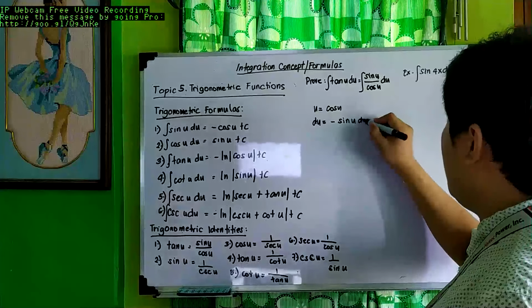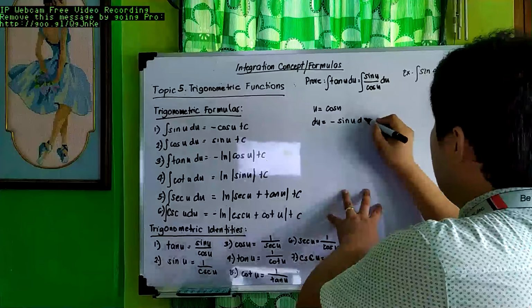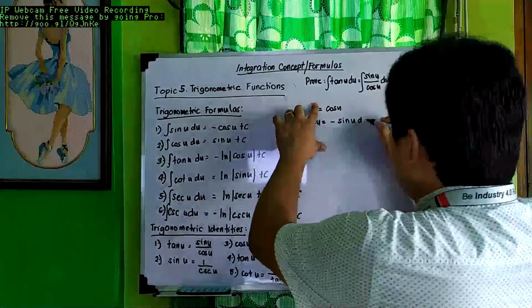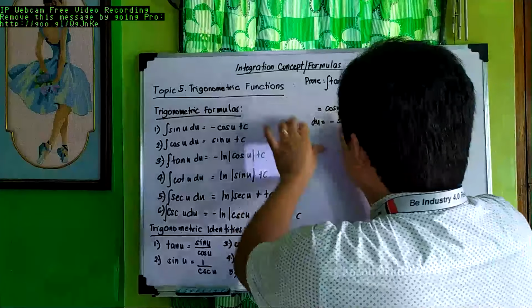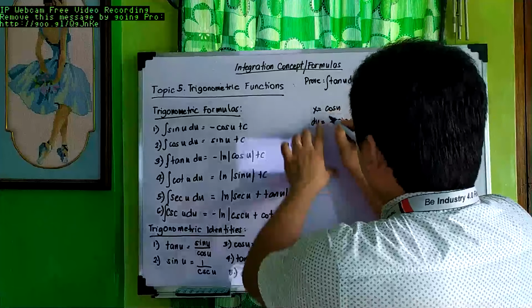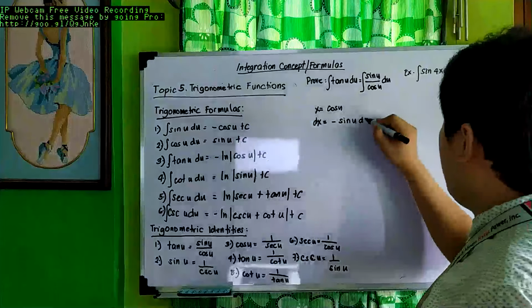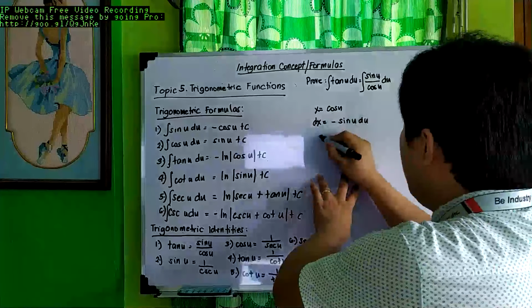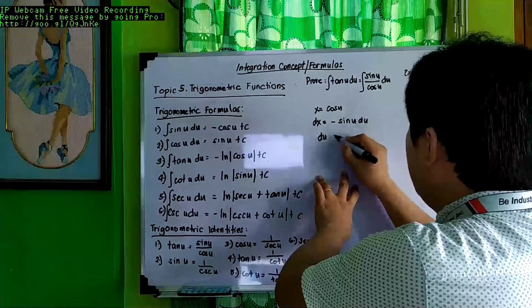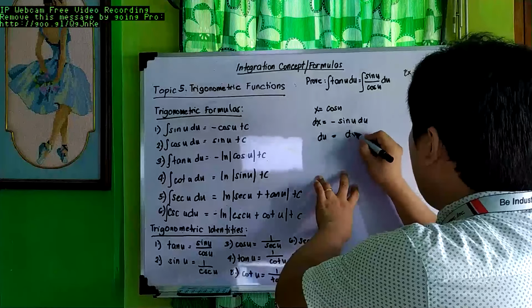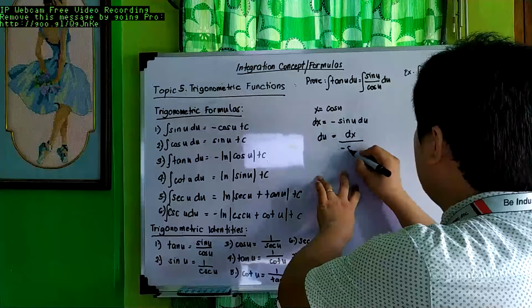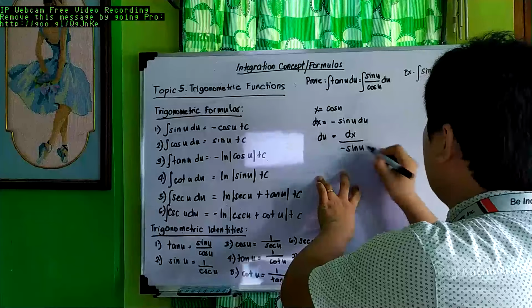So okay, we will use x here. Okay, so du. Then I need to get your dx, this one, so that it makes it easier: dx is du over negative sine u.